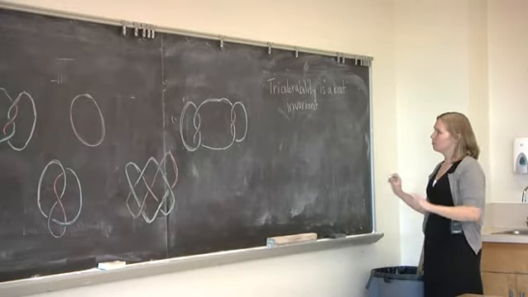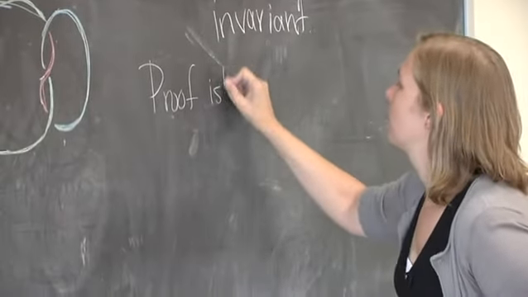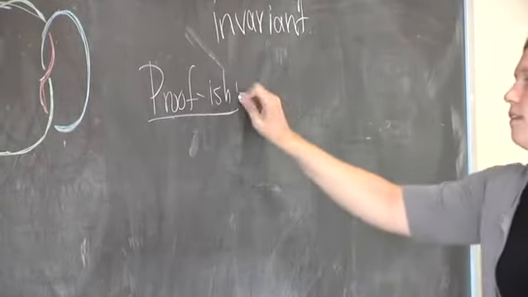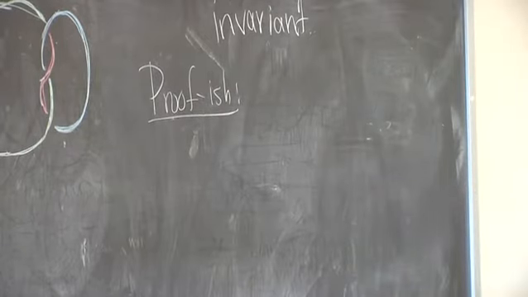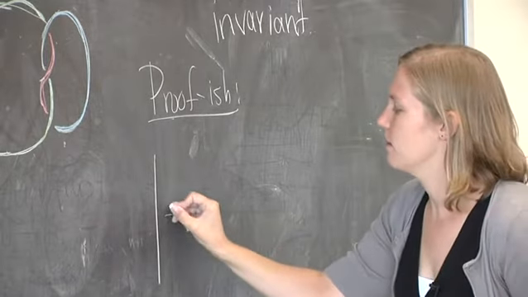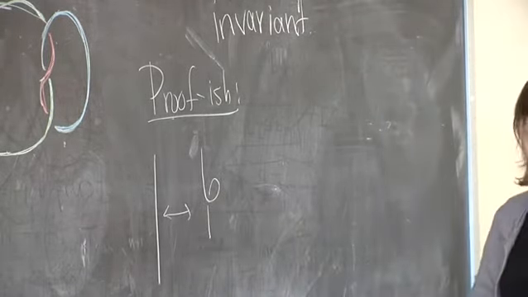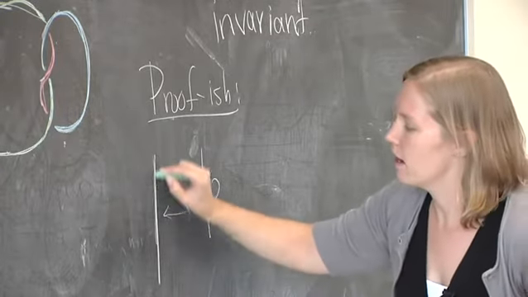Okay, so let's prove this. This is most of a proof. It's proofish. So the first Reidemeister move we said was this. Okay, so I'm going to pick green, say, and I have a bit of a knot.